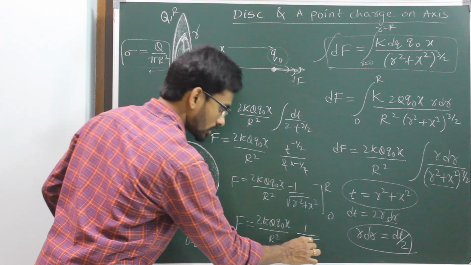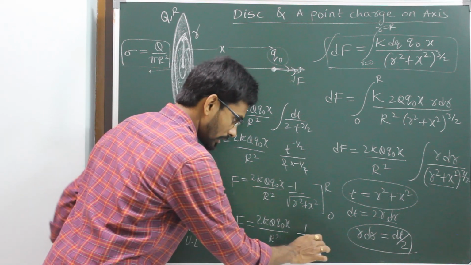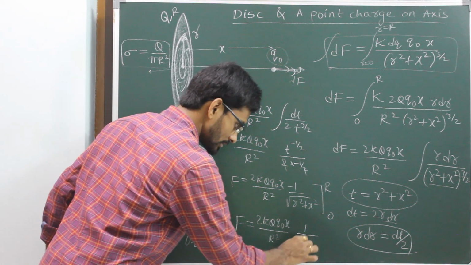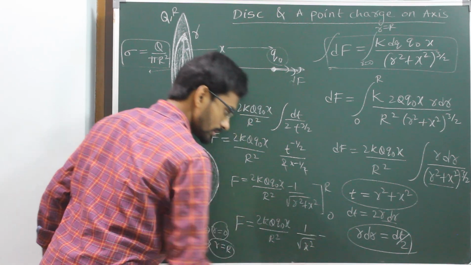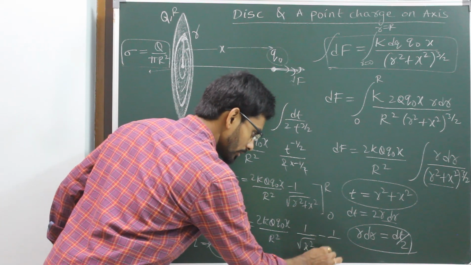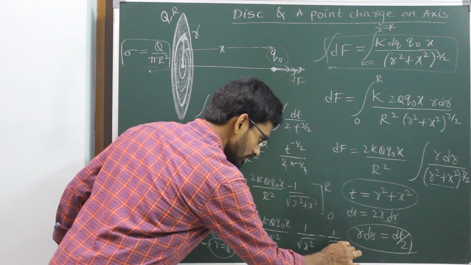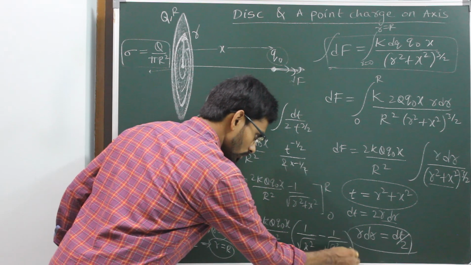First I will substitute 0 in this, so you will get root of x square, so it will be 1 by x, minus 1 by root of R square plus x square. So this is what we get.